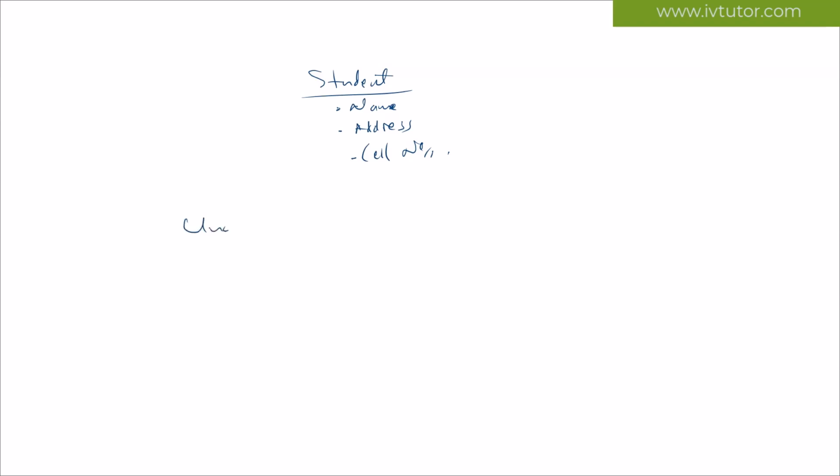Okay, you've got an undergrad. Okay, perfect. But others are postgraduates. Okay, fine. So you've got postgraduates. Okay, these are all students? Yes. Okay, fine. So undergrad, what do they have? Oh, they've got a name, they've got an address, they've got a cell phone number.